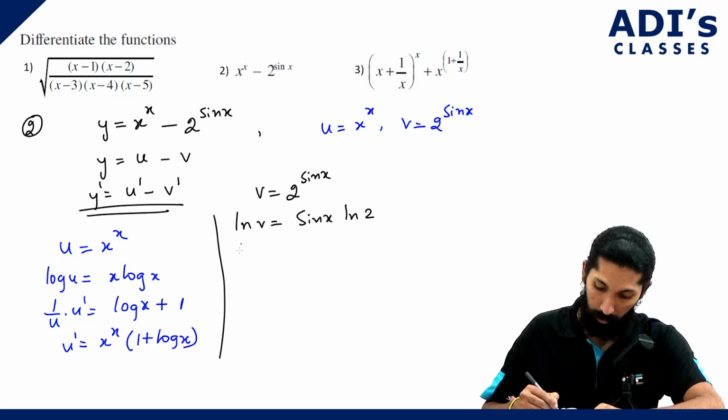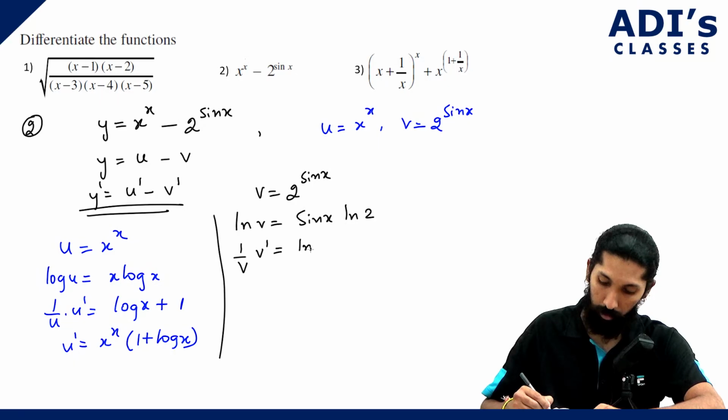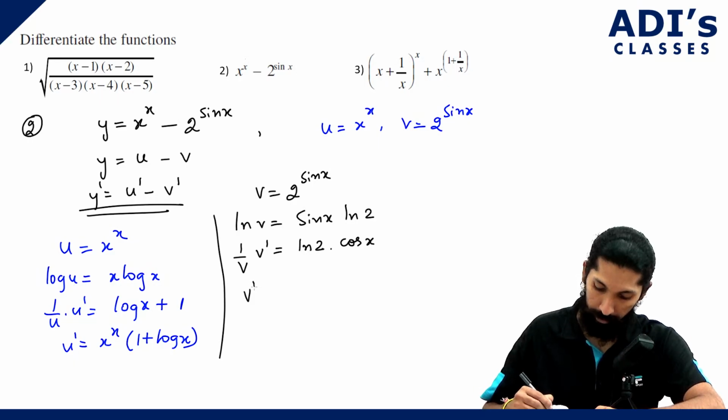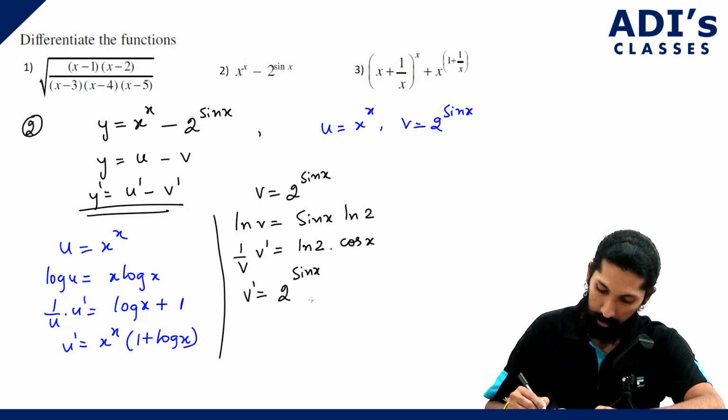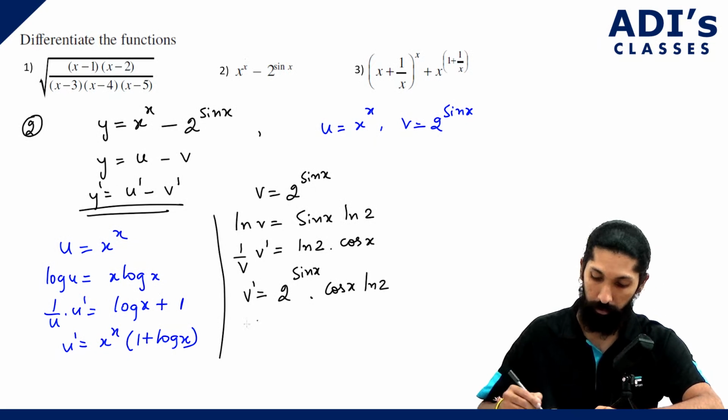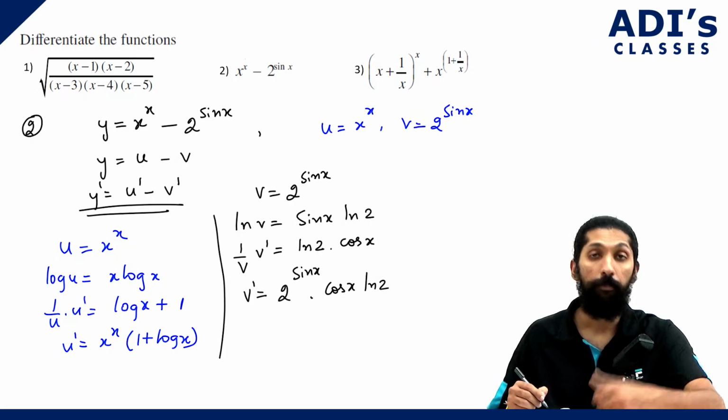So here you'll get 1 by v into v dash is equal to log 2 into cos x. Log 2 is a number, constant. So v dash is equal to 2 power sin x into cos x into log 2. Correct? So we have u dash, we have v dash.